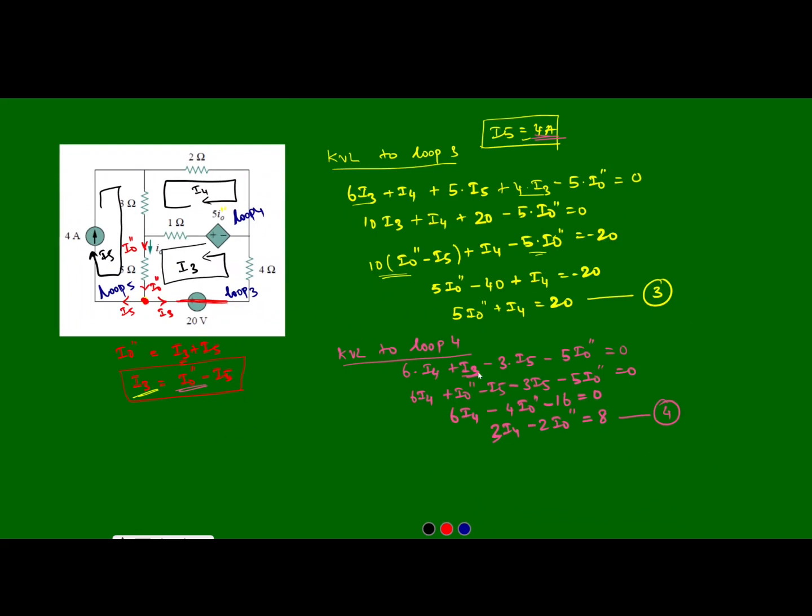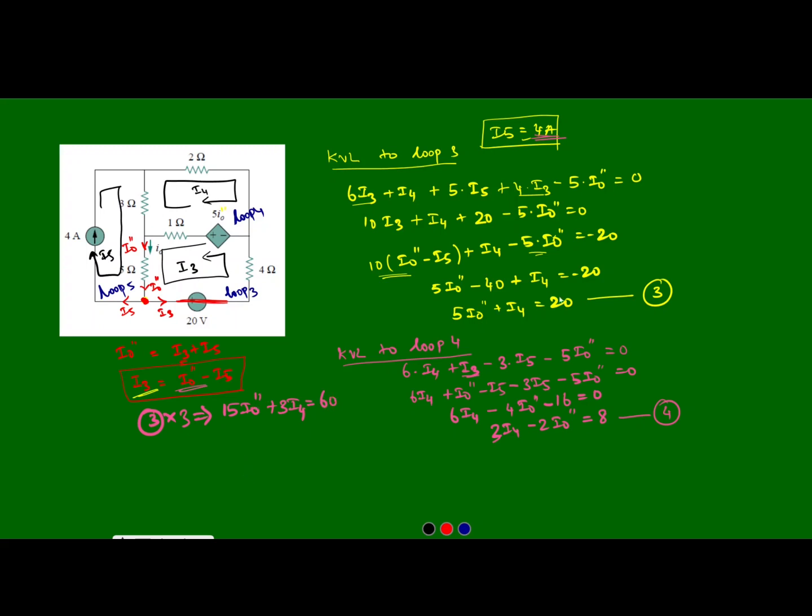For that I will multiply equation number 3 by 3, so the equation will become 15I0 double dash plus 3I4 which is equal to 60.